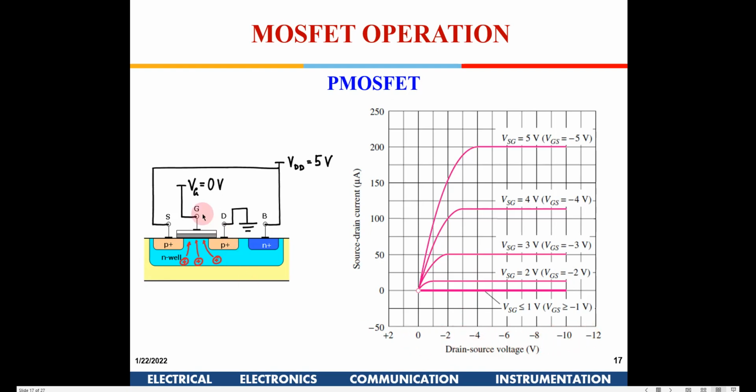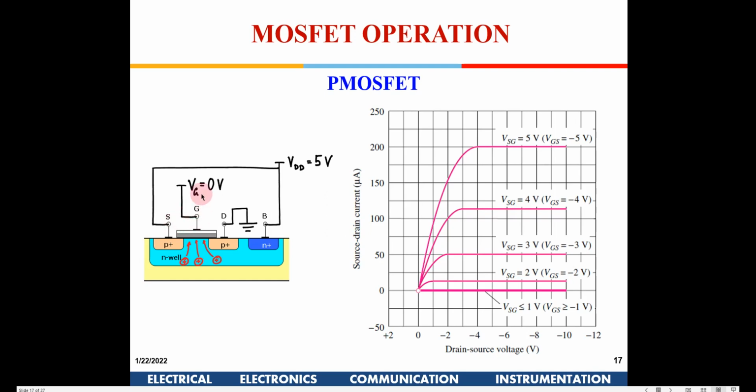So if you see here, when VGS is 0, that means G and S are at the same potential. If you give 5 volt here and 5 volt here, then VGS will be 0. So it is just the way you interpret it. If you give VGS equal to 0, then VSG is equal to 5 volt.